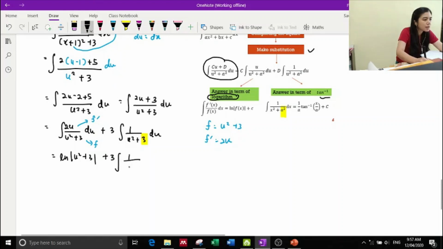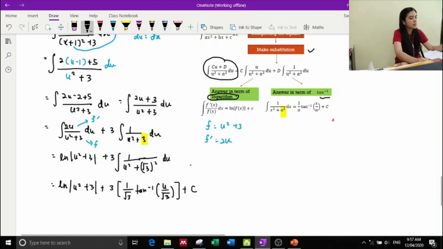Our a squared is actually square root of 3 squared. Then you change the 3 to square root of 3 squared, and you can use the formula. So we have ln of u squared plus 3, and now you will have the answer that is 1 over square root of 3 times tangent inverse of u over square root of 3 plus c.